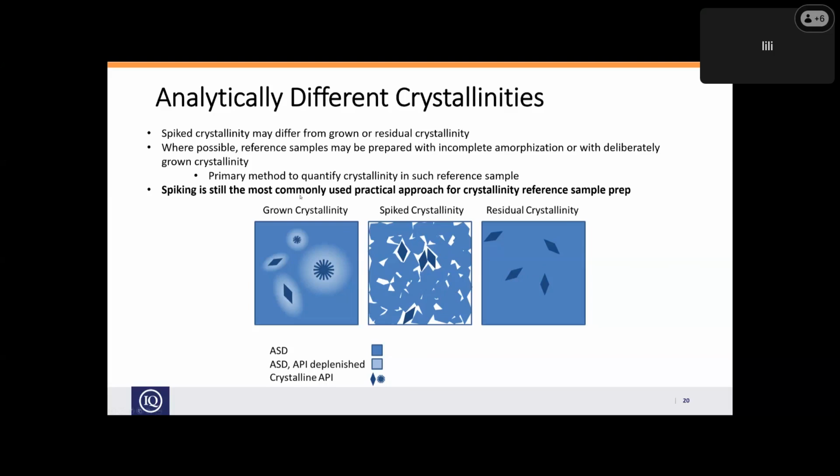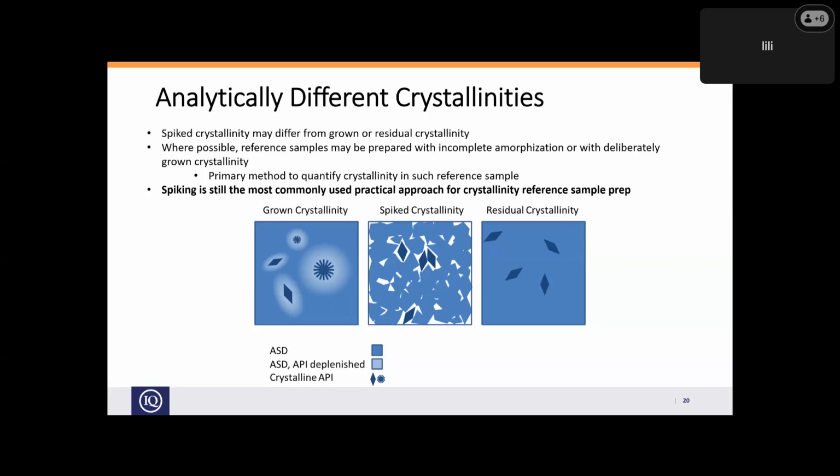So if feasible, the reference material with different crystallinity levels should be prepared with similar ways of crystallinity generation to the samples that are to be tested.